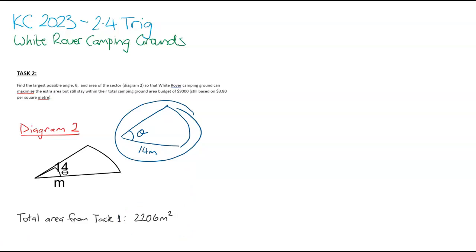So the first step that I did in this question here was I calculated the maximum area that the diagram in task 1 could be and our new sector could be. So the maximum area, that related to the $9,000, that was our budget, and we divided that by 3.8, which was the cost per meter squared.